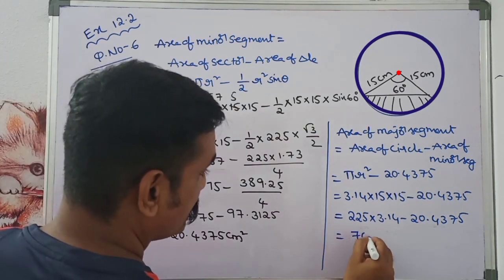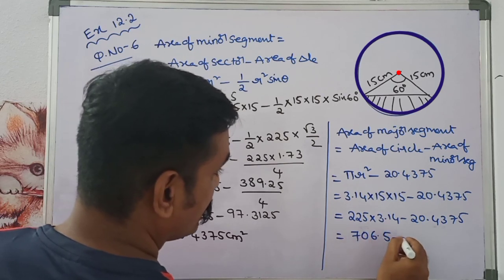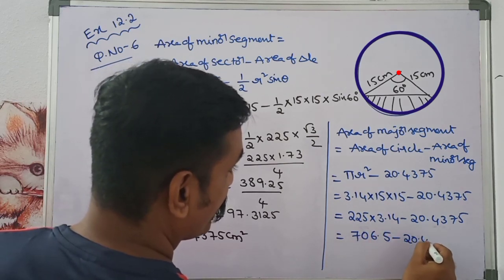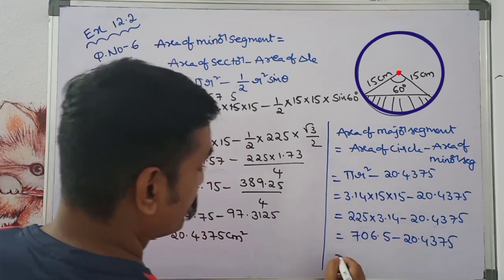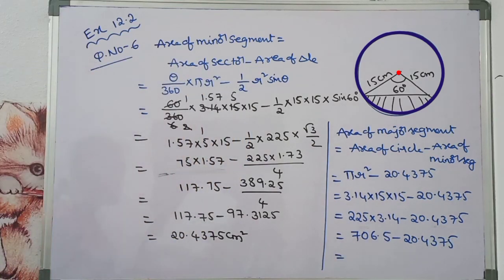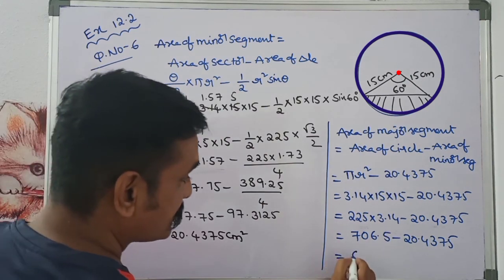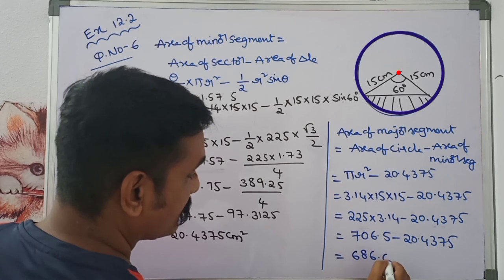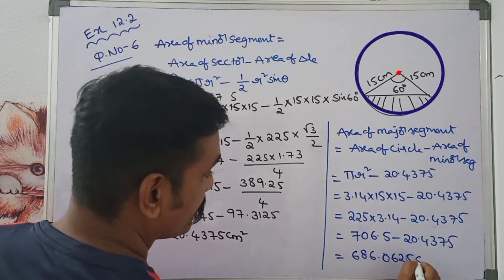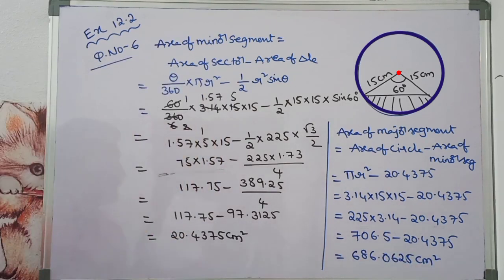So 706.5 minus 20.4375. The final answer after calculation is 686.0625 centimeter square. Therefore, the area of the major segment equals 686.0625 centimeter square.